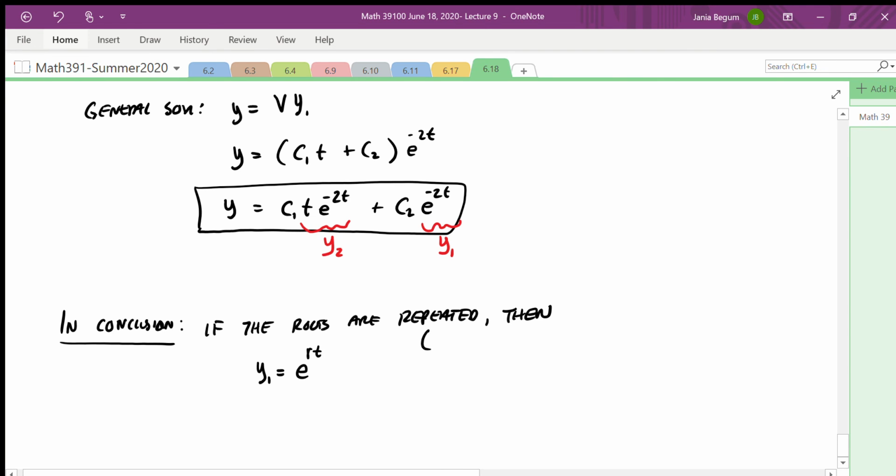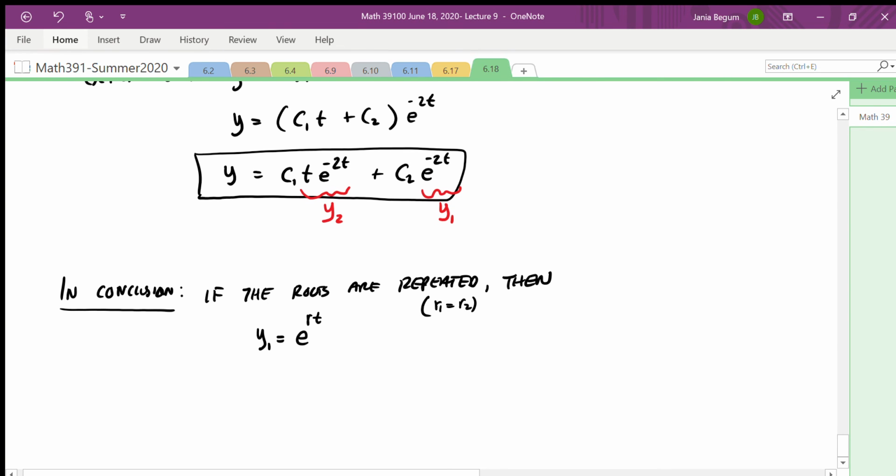So that's what repeated means. r1 is equal to r2. y1 is equal to that. That means y2 is going to be t times e to the rt. You just multiply the first solution by a function t. That's the conclusion we're going to draw.